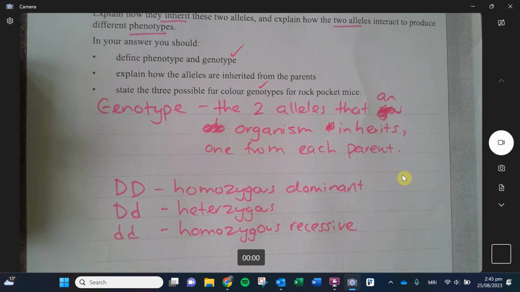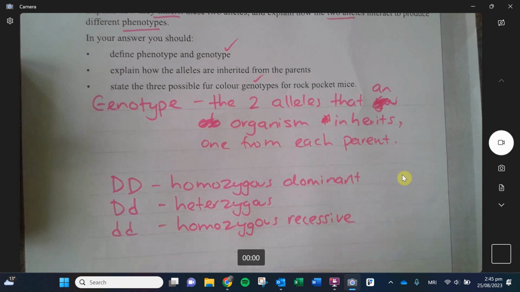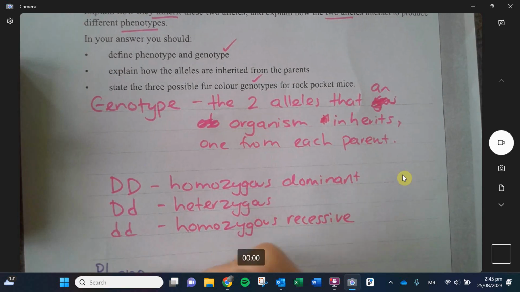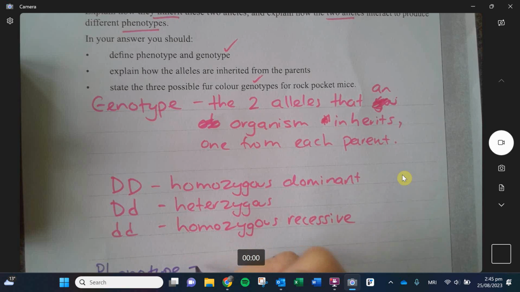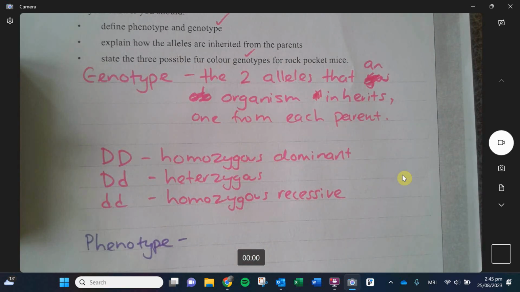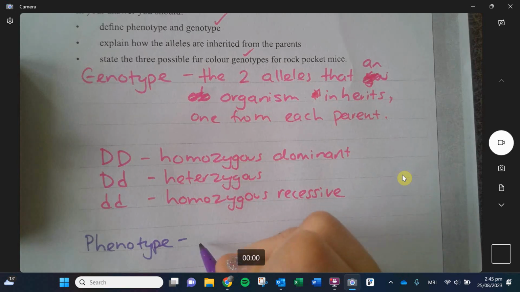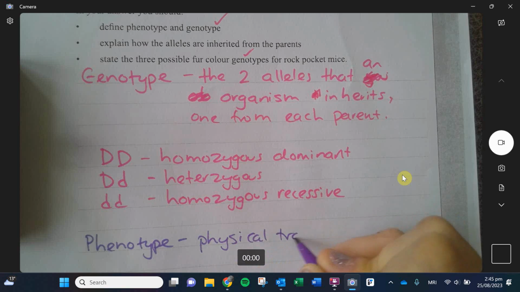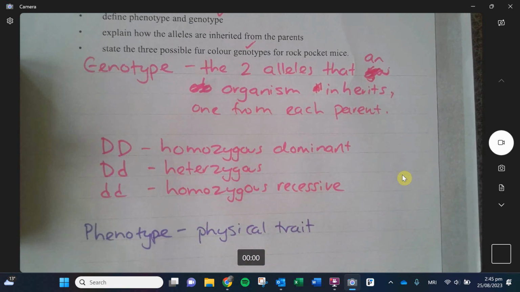All right, the next thing I then need to talk about is phenotype. So again, we're putting down another one of our definitions. So phenotype is talking about the physical trait. What is being expressed? What do we kind of see? The end product. So we have 2 possible physical traits, and that is dark fur or light fur.